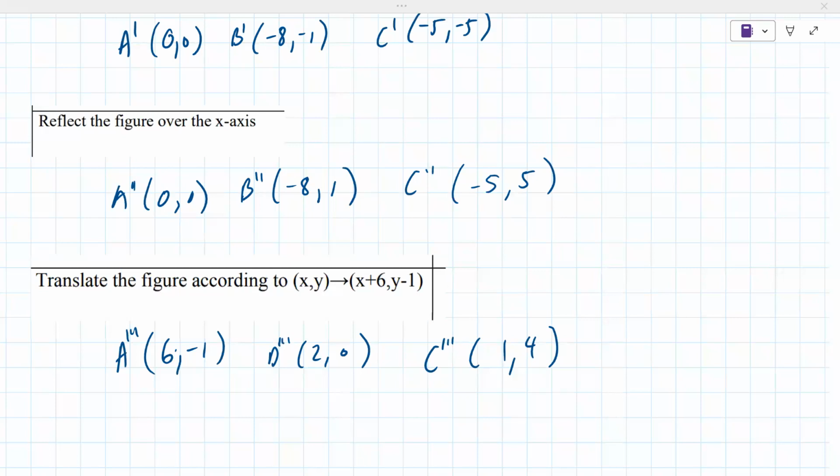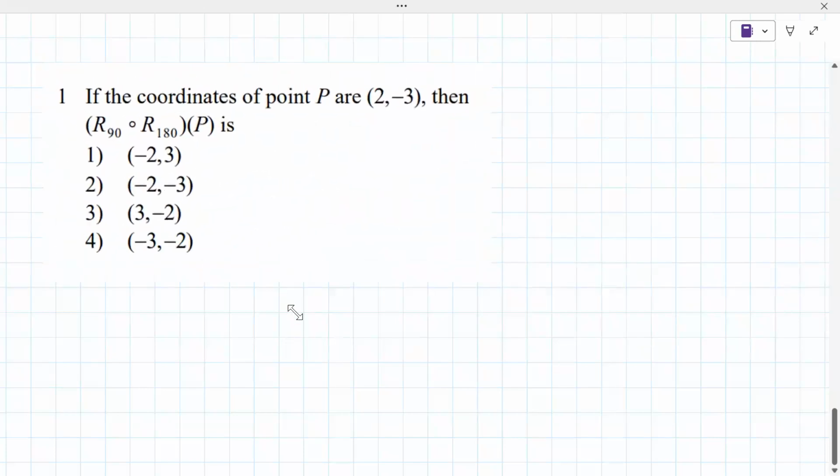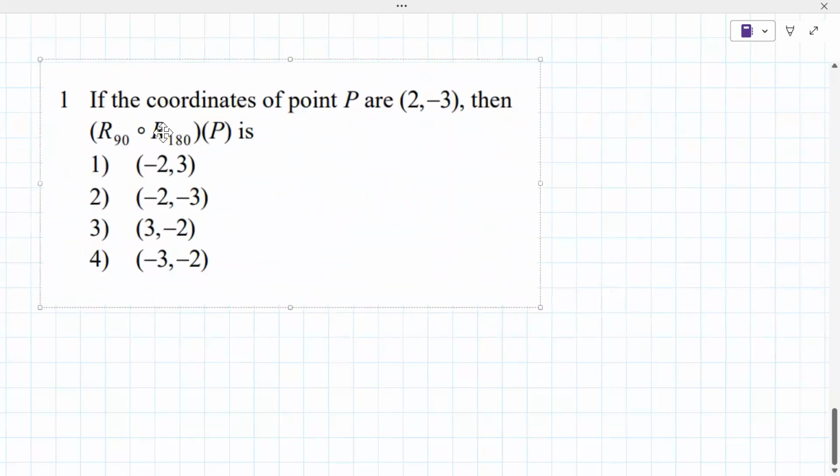Well, here's a test question. And it does appear that the order matters. You have to do this rotation 180 first, then this rotation 90. If you need a link to that rotation sheet, let me know. But go ahead and give this problem a try, please.